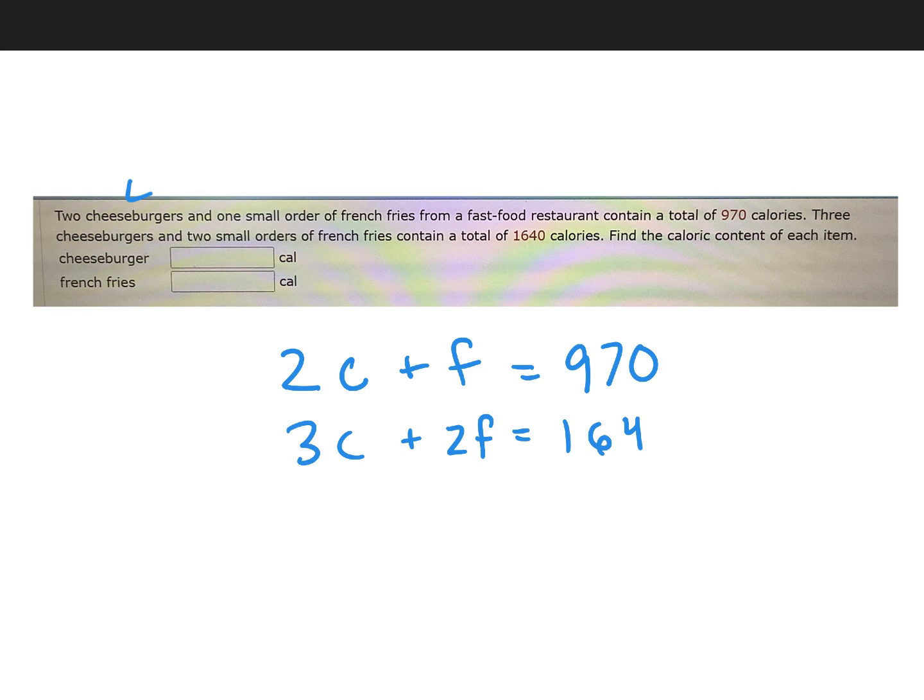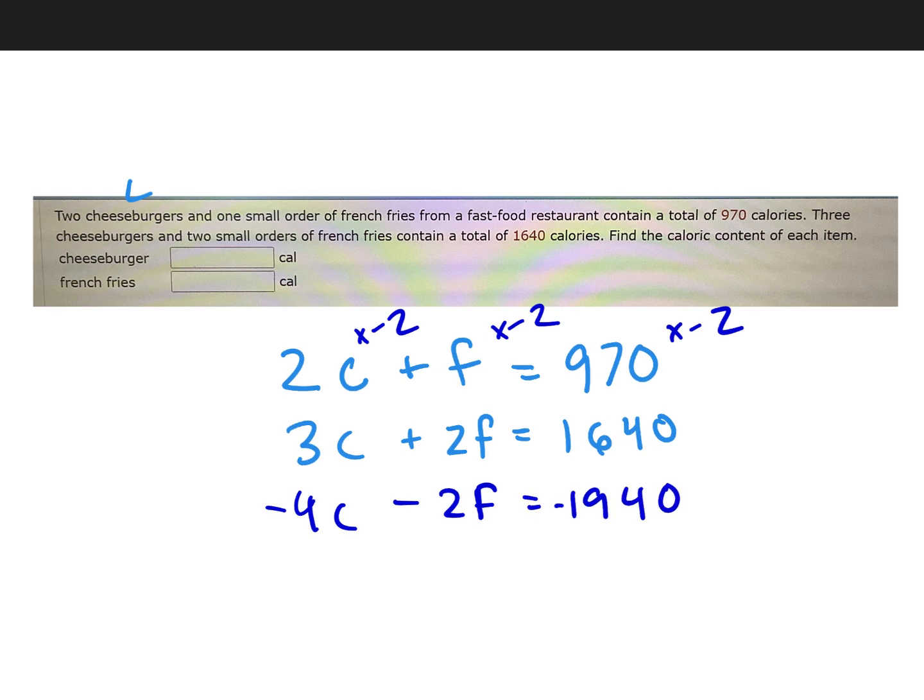So it'll be 3C plus 2F is equal to 1640. All right, so to solve with elimination, what should I do? Multiply the top one by negative 2. So negative 4C minus 2F is equal to negative 1940.